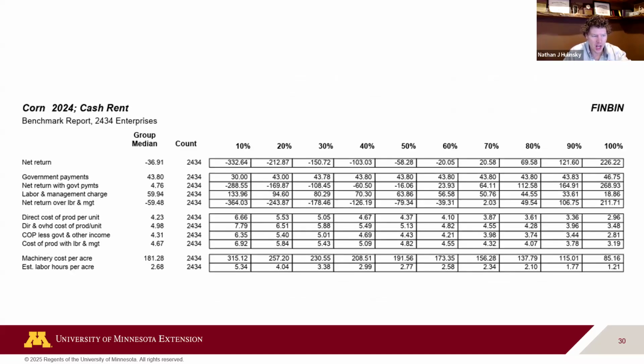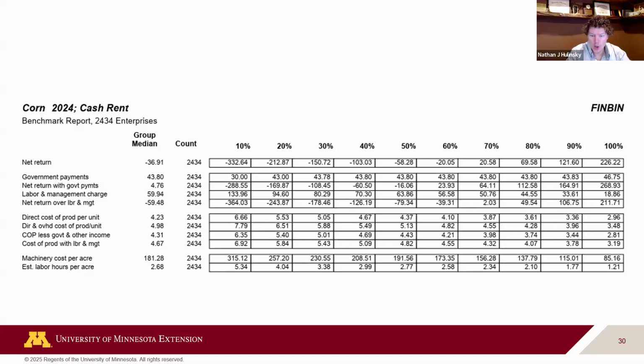And this is just a continuation on. I'll highlight the cost of production with labor and management towards the bottom of the screen. And you can see the lowest 10%, or the highest cost of production 10% there was $6.92. So they had $7 cost of production, a humongous number.